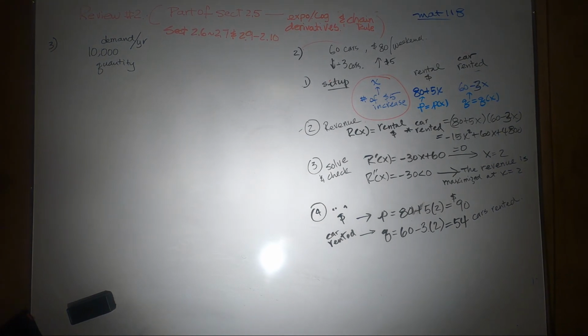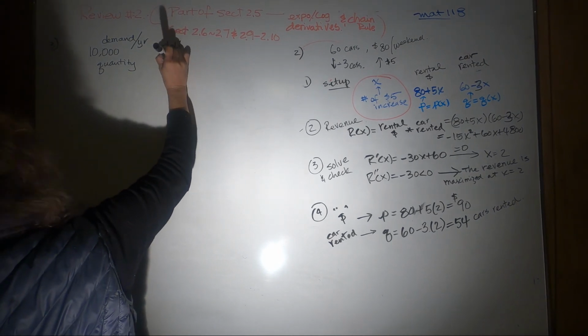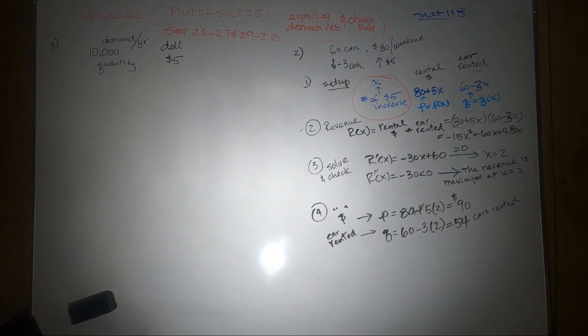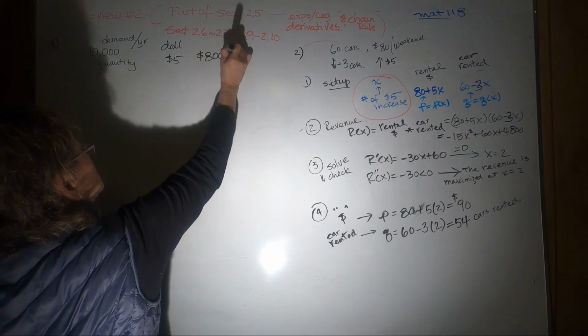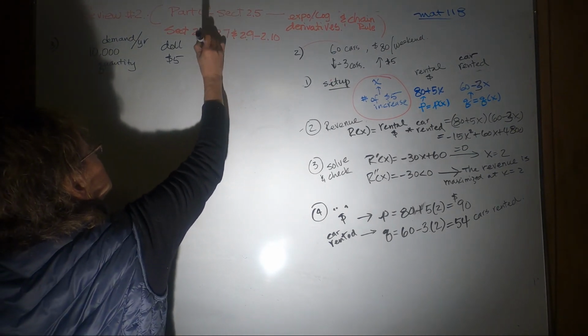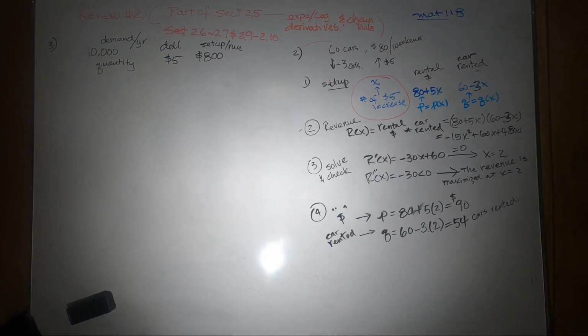Then each doll costs how much to make? $5 to make, plus a setup cost of $800 per run. This is a setup per run. Okay?